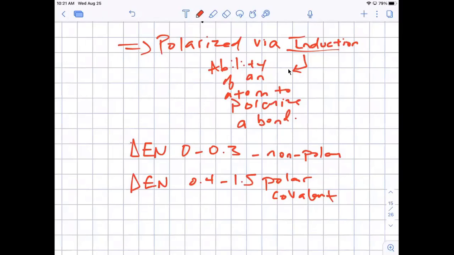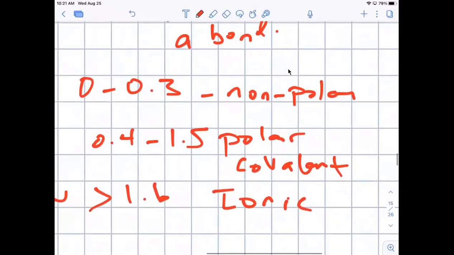Anything greater than 1.5, or I'll say 1.6, is bordering on being an ionic attraction.